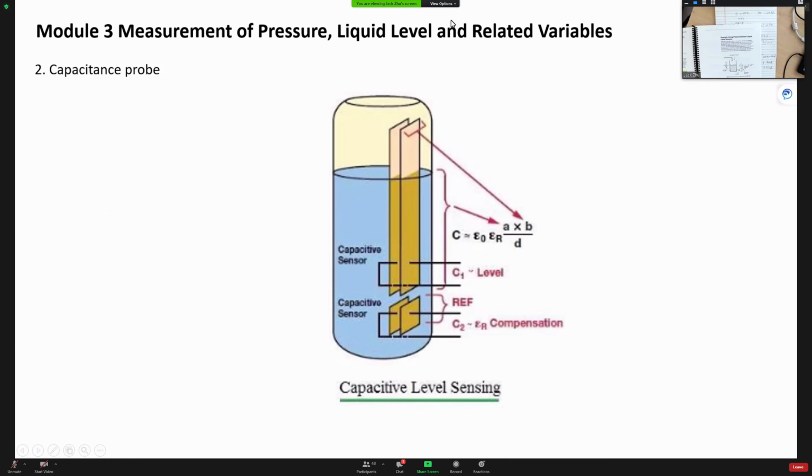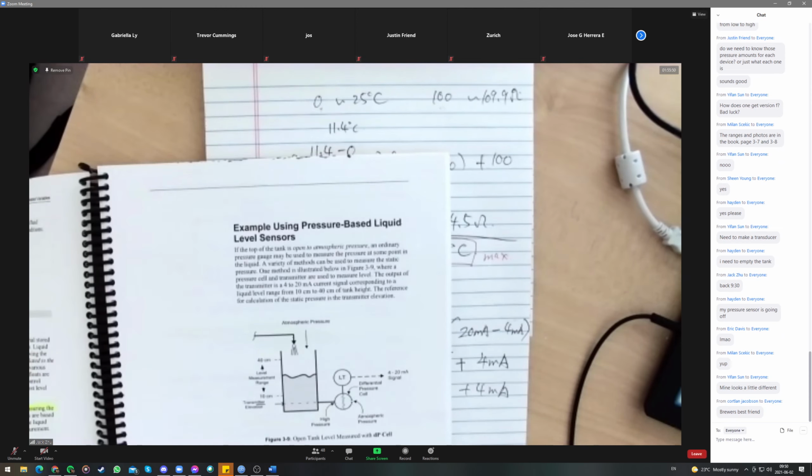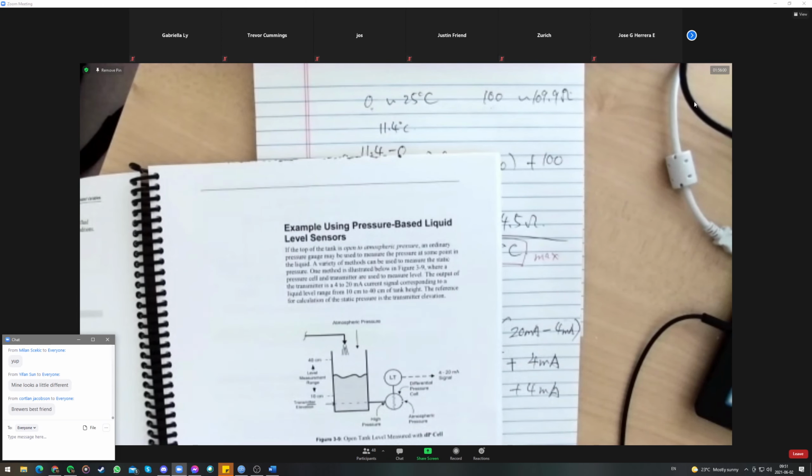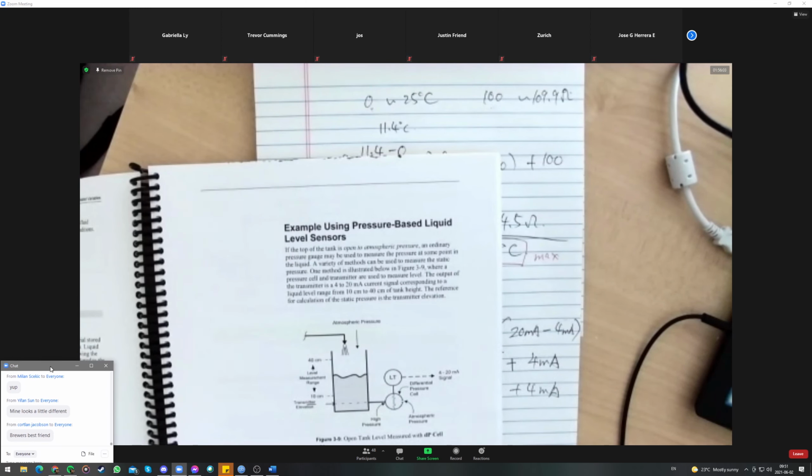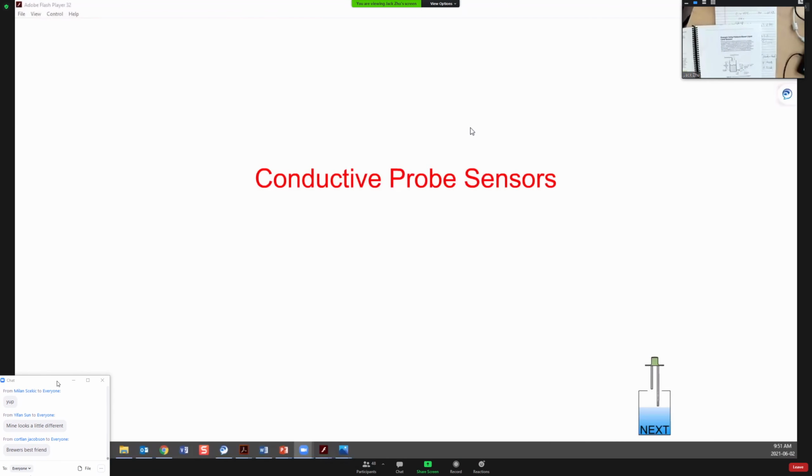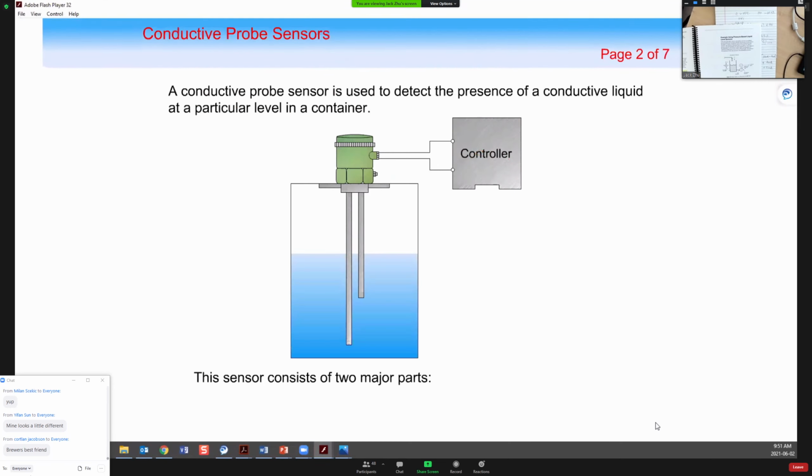I have another one to show you down here. We call it a conductive probe sensor. It can be used to detect the presence of conductive liquid at a certain level in the container.